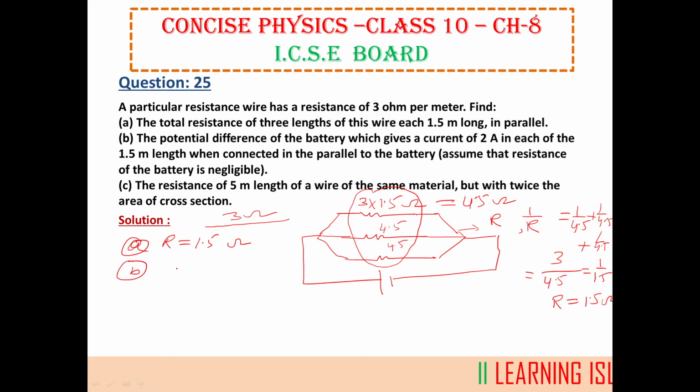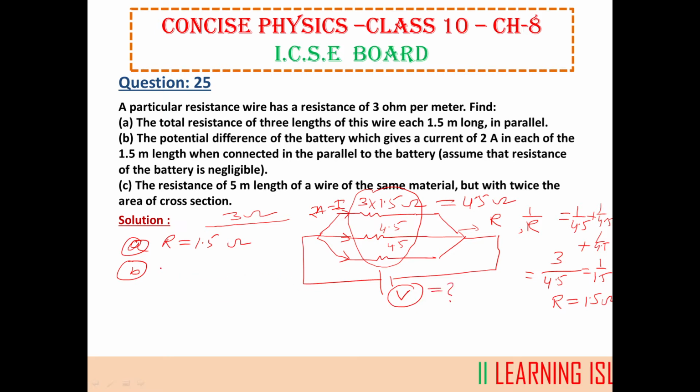The potential difference of the battery which gives a current of 2 ampere in each of the resistances. So here the current is I equal to 2 ampere in each of the resistances. Let the voltage applied here be V. You have to find this.